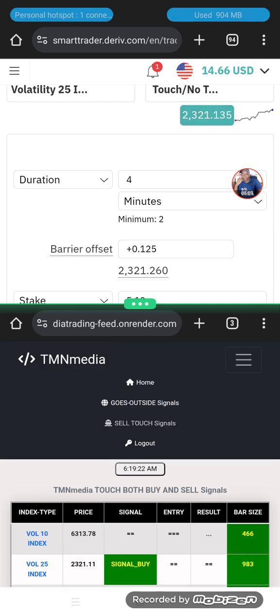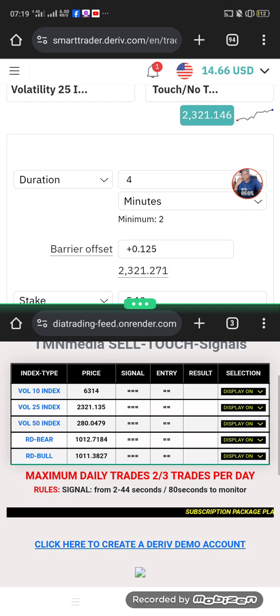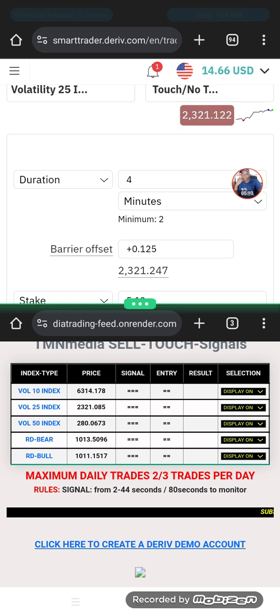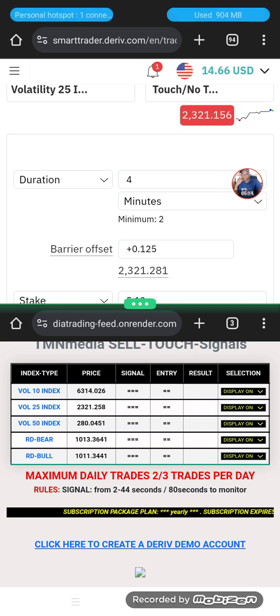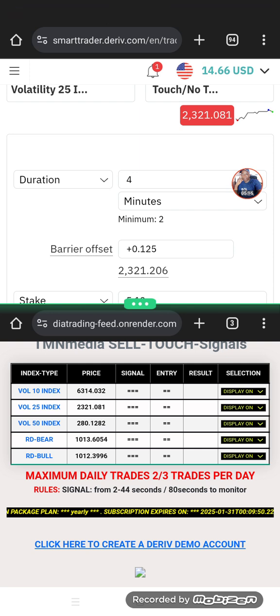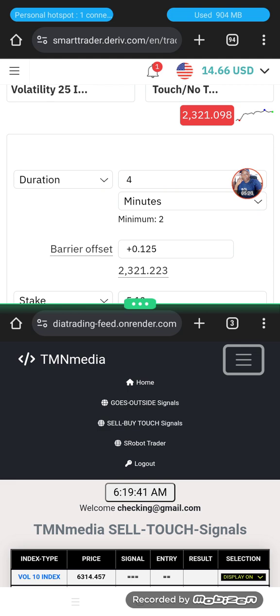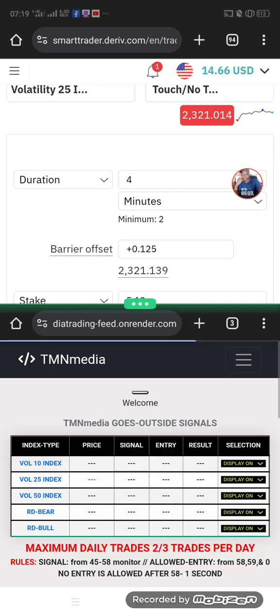I updated only the sell version. They work the same way. From 15 to 44 seconds, you monitor, and then you have 80 seconds to monitor, and then you opt out. If you're not winning the trade, you opt out.